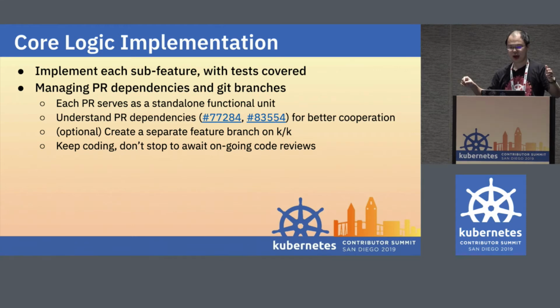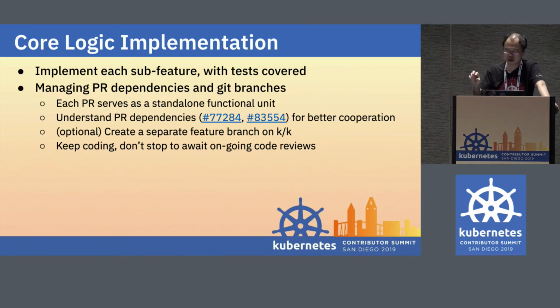So know the dependencies, and as the first contact of the KEP, you should implement all the PRs which stand in the critical path, so that the rest can be done in parallel and you can catch the deadline of the release. Also, don't stop there waiting for a PR to merge and then go to the next.